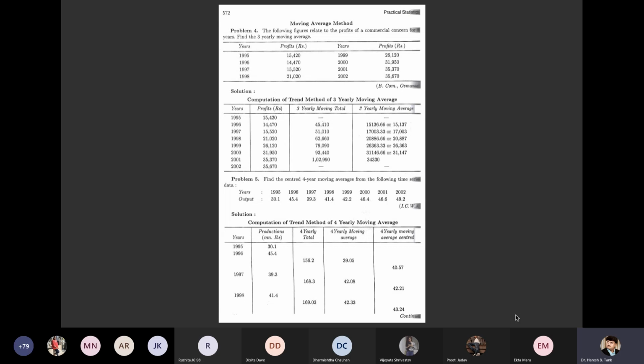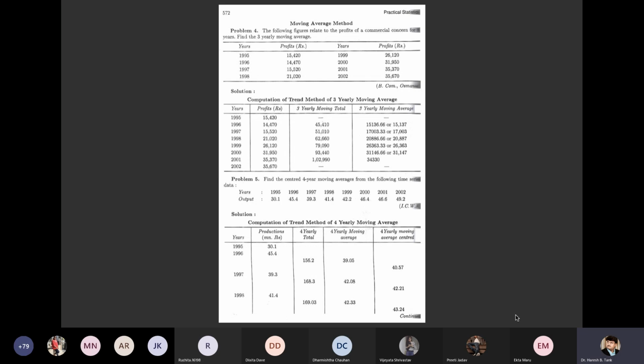So naturally one more process is to be done, and that process is called centering. Make a new column, 4-yearly moving average centered. Now what you have to do is make a bunch of 2, make a sum of 2, divide it by 2, and put it exactly in between.